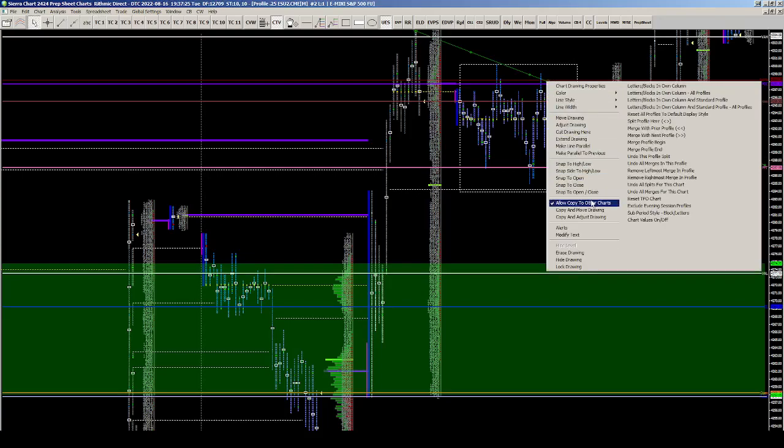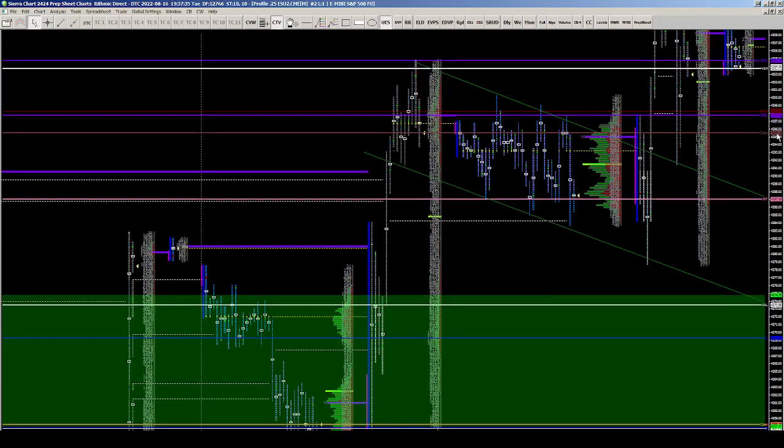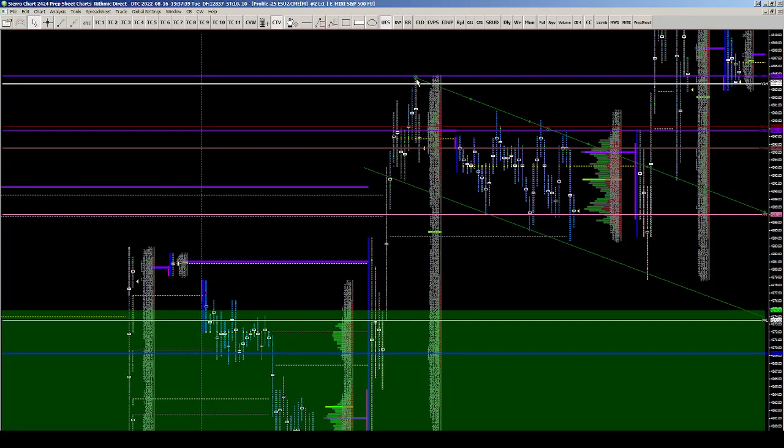I need to adjust my tools. So we kind of trade within this channel here. Actually, it looks like it's angled. There you go, that's a little better. If you know anything about different patterns, this looks like what's termed a bull flag. And that's sort of how it played out.